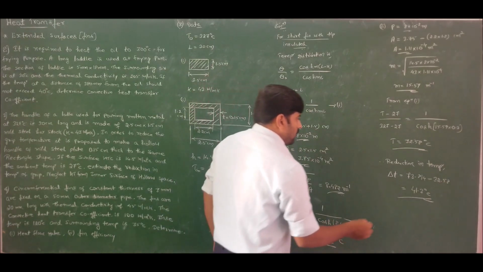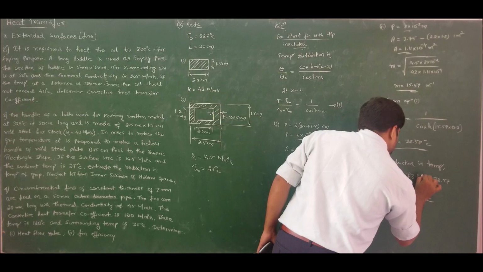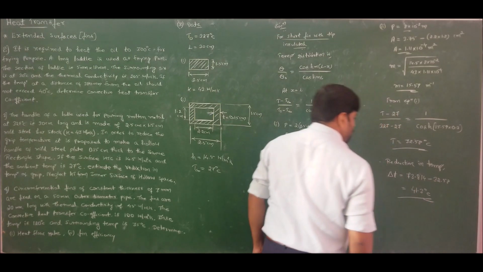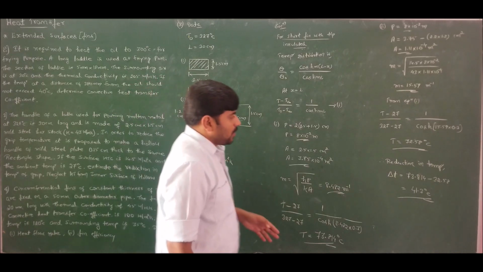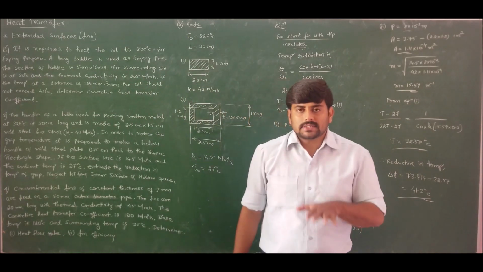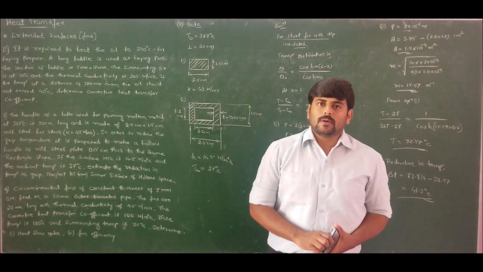So we have observed a fall of 41.3 degrees Celsius. So this is the solution for problem number 3. Let me pause this video for a while so that you people can copy it down. Later we will solve problem number 4.